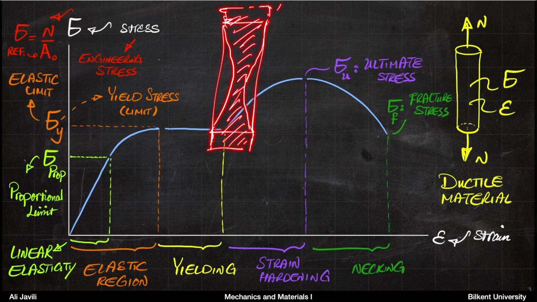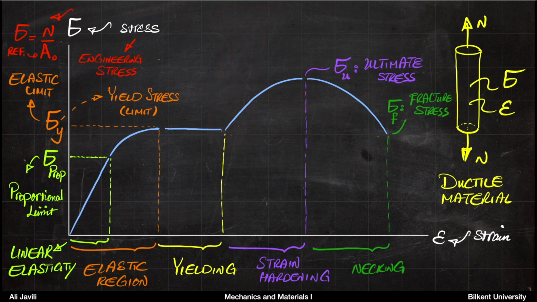So basically this is what happens, and the cross-sectional area of the material decreases. And that's the reason you see a decrease in stress. But then again, you should remember that you see a decrease in stress if you divided it by its original area.